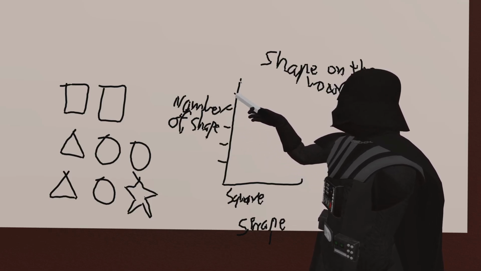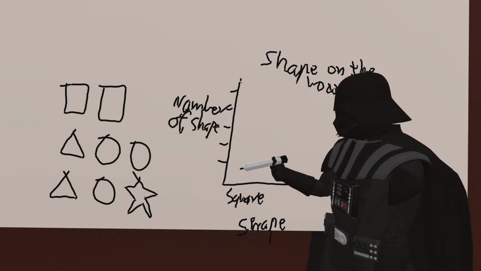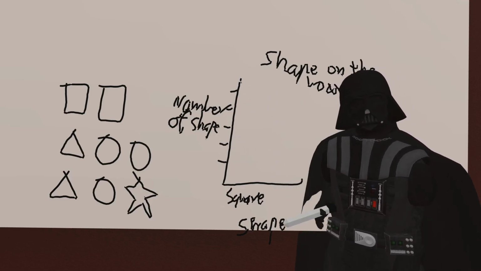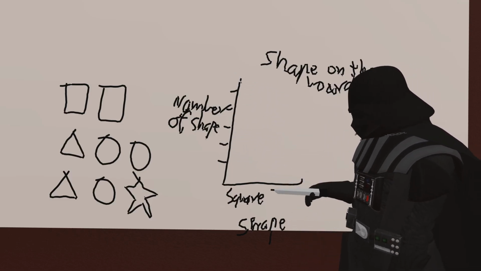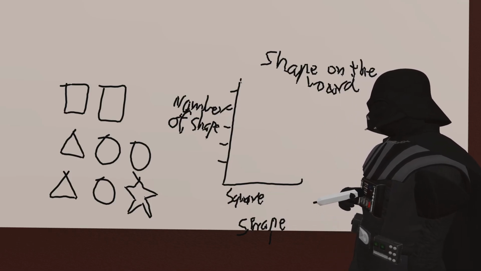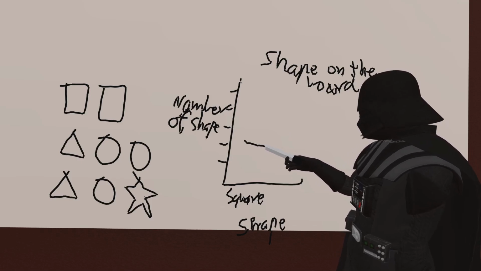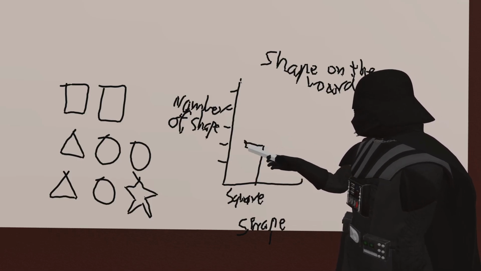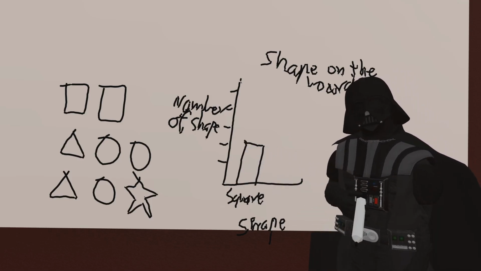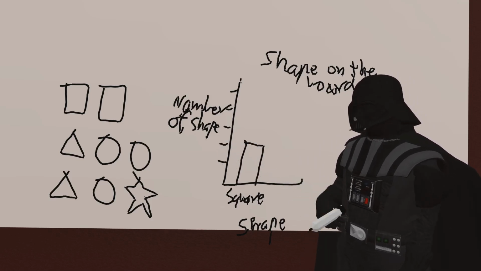That is the same height between each number. So 1, 2, 3, 4, 5. Just like a ladder going up. So how many squares do we have? Well, we have 2 squares. So this is going to go here. So we're going to draw a column that is 2 levels high.